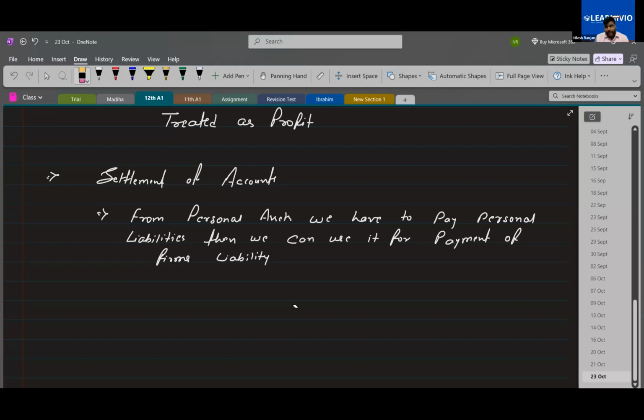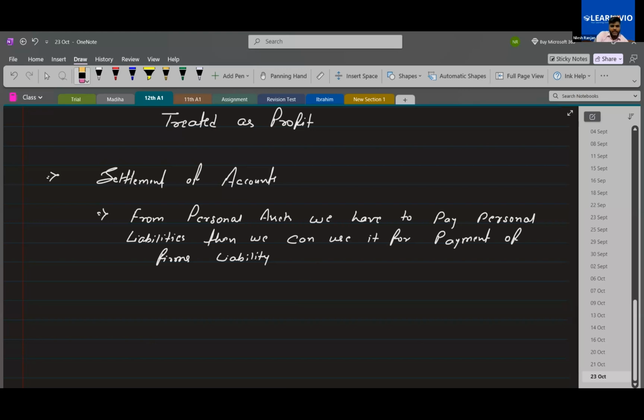If there is, then we have to settle that liability first, then we can utilize the partner's personal assets for the purpose of payment of the liability of the firm. Is that clear? Yes, sir. Okay. So settlement of accounts, this is.